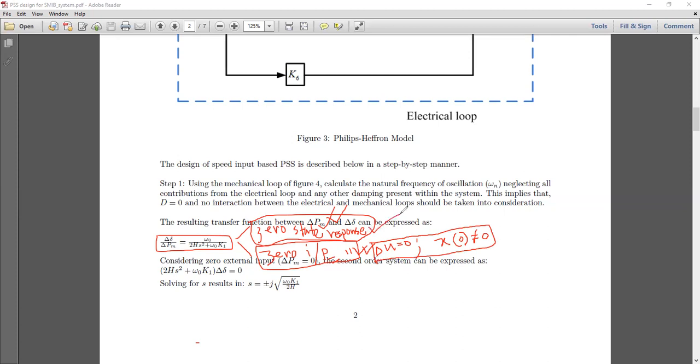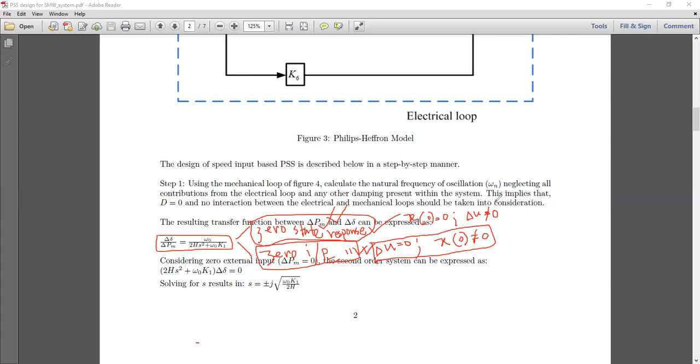For zero state response, the reverse will happen. Here the initial state variables will be 0, but the input should be non-zero. So the system dynamics will be governed purely by some external disturbance input.